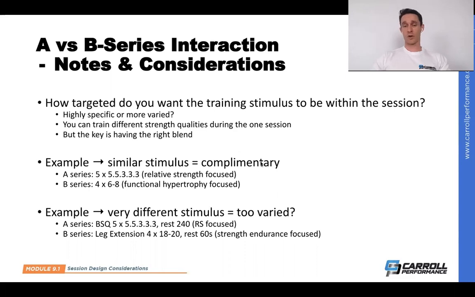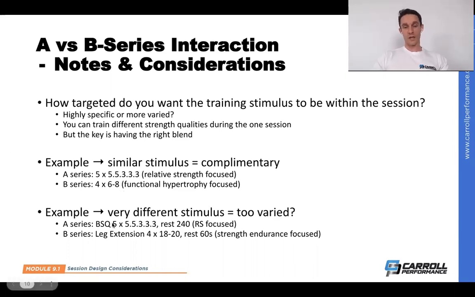And examples of a more complementary one would be, think about your strength qualities and like, what is the strength quality just next to it or over? And so if we want to develop relative strength on a primary lift in a phase, naturally a functional hypertrophy supportive lift could be a very nice complement to that A series.